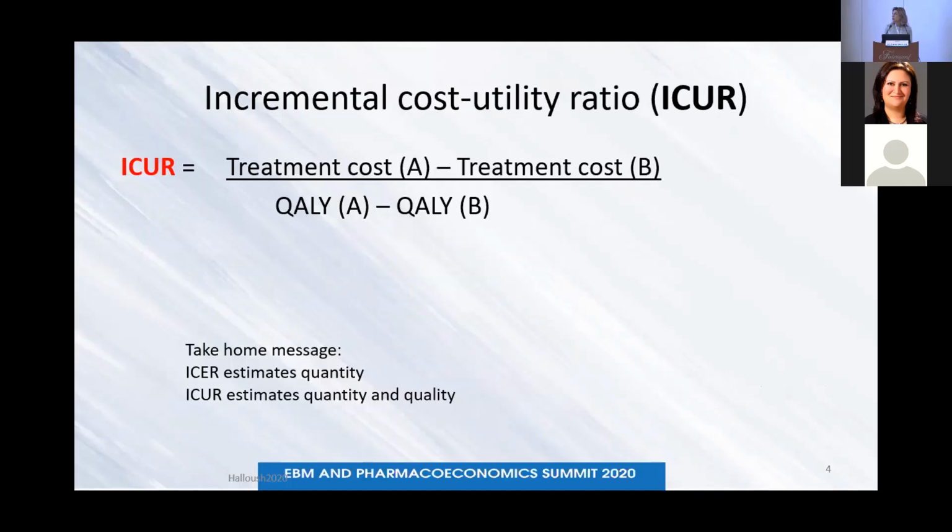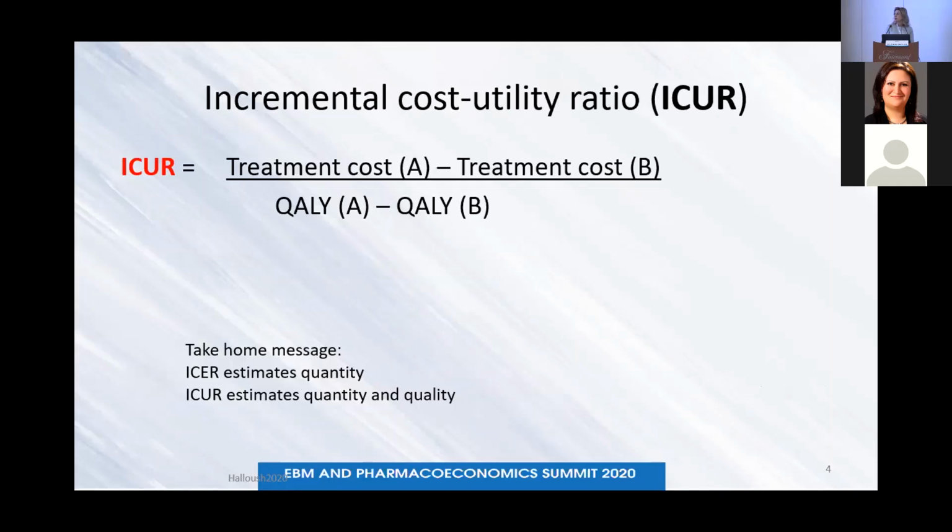There's a great misconception between the ICER and the ICUR, the incremental cost utility ratio. The incremental cost utility ratio is the ratio of the incremental cost to the incremental quality. Quality describes both quality and quantity.